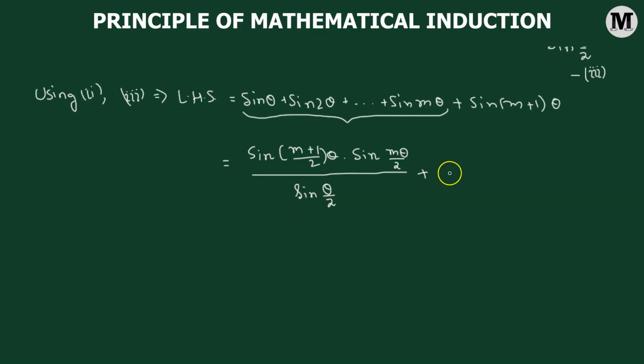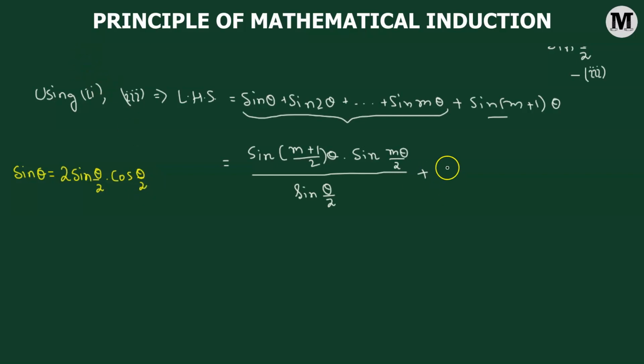This is going to get added to the second term, which is sine of (m plus 1) theta. However, we're going to apply the half angle formula. Whenever we have sine of some angle theta, the half angle formula states that it can also be expressed as 2 times sine of half of the angle theta multiplied to cosine of half of the angle theta.